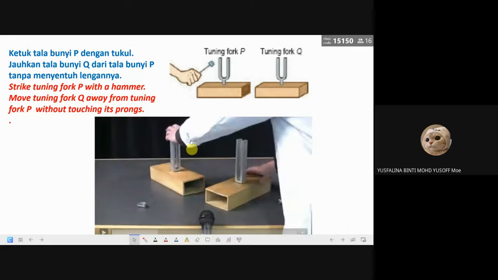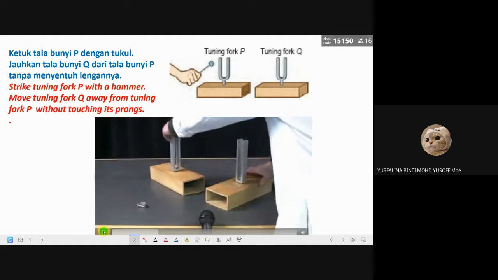So even if you stop Q, P can still produce the sound, right?